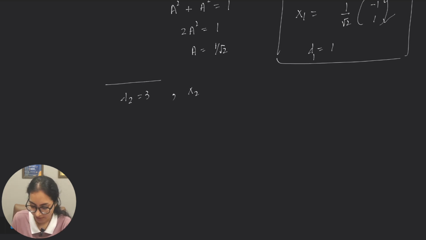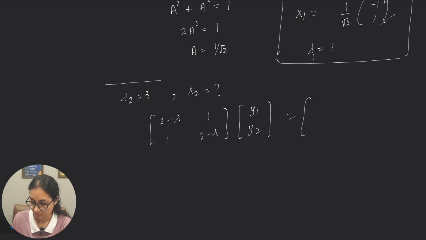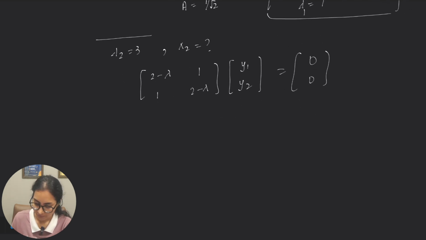Remember, this equation was 2 minus lambda, 1, 1, 2 minus lambda, and let's say y1 and y2 are the components, equals 0.